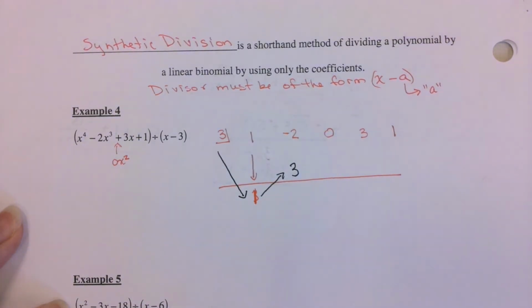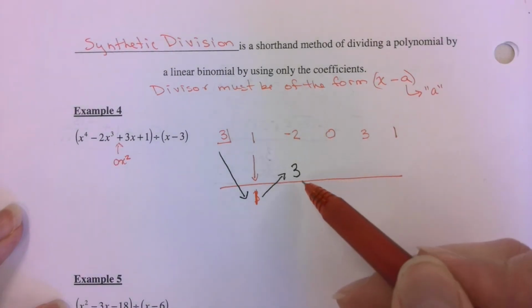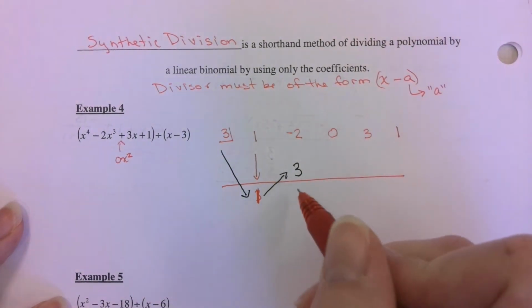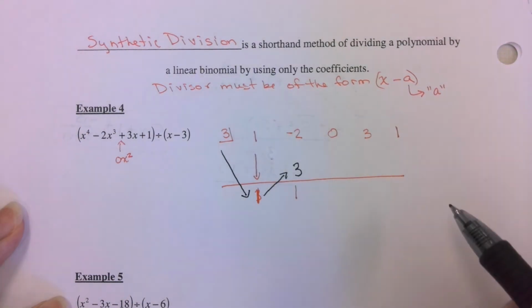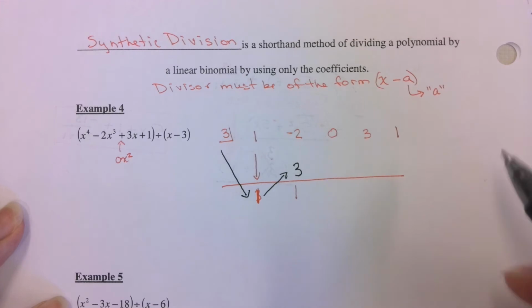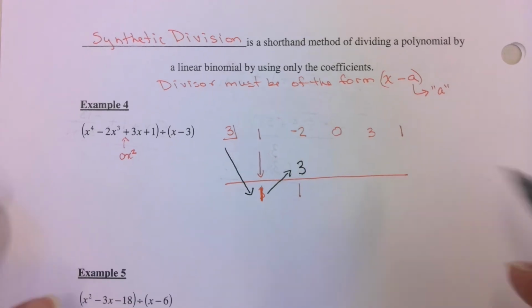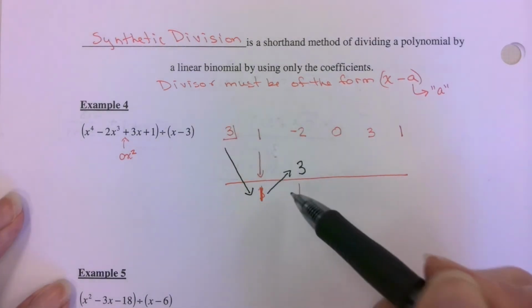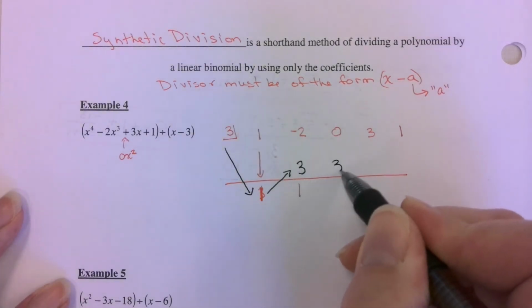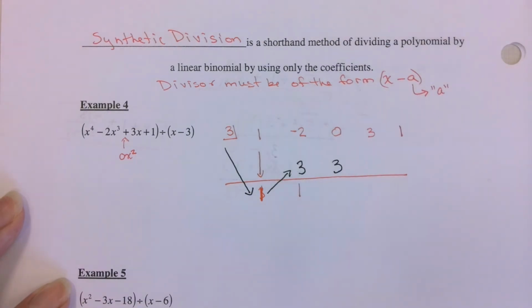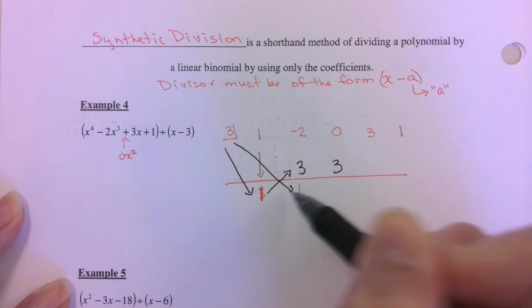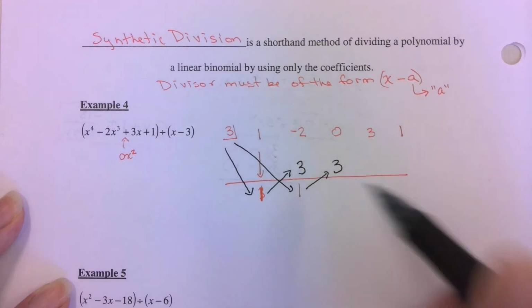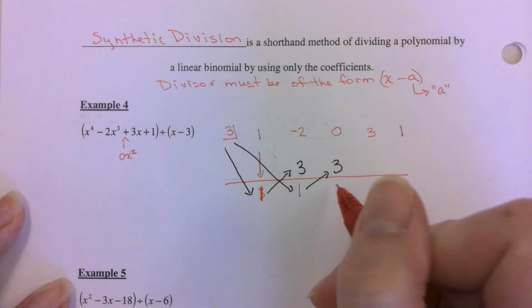We take our 3 times 1, and it comes up here as a 3. We find by adding these, just like before, negative 2 plus 3 is 1, and then we go again, and we take our next term, and we multiply. We take our 3 times 1, and we get a 3 here again. Now we add these together, and we get 3.